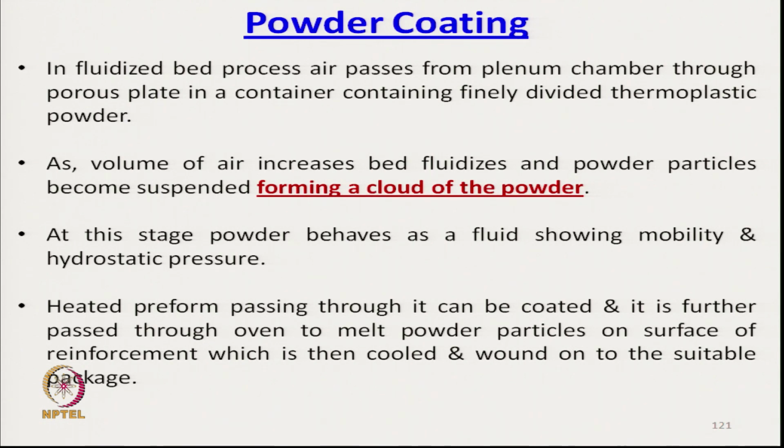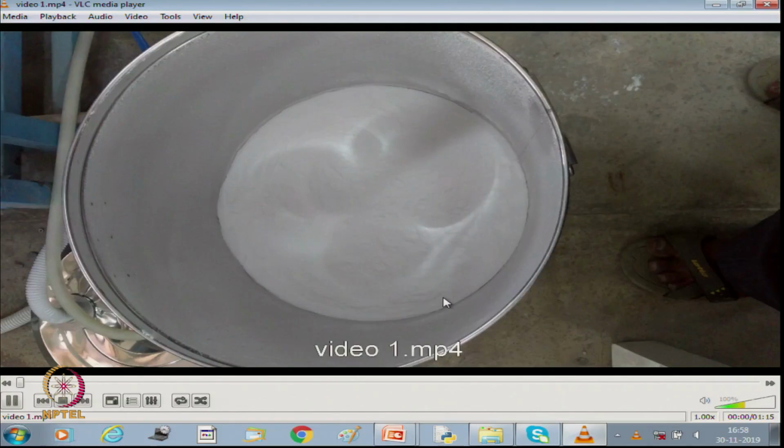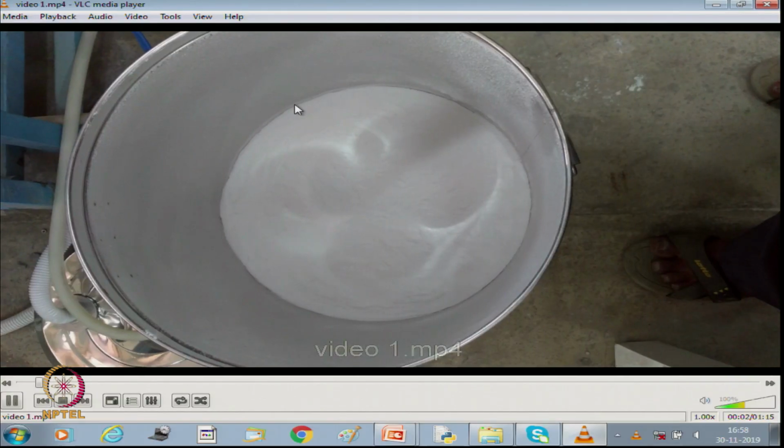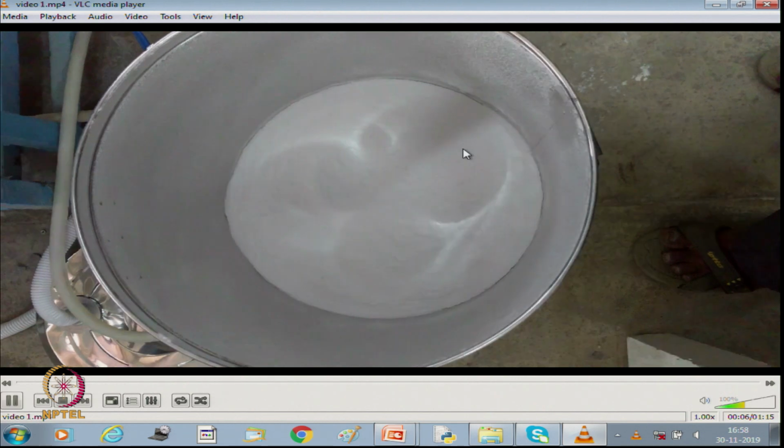As the volume of air increases, the bed fluidizes and powder particles become suspended, forming clouds of powder. Now, let us see here, these are the powders of thermoplastic matrix.